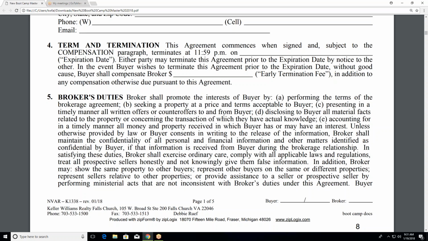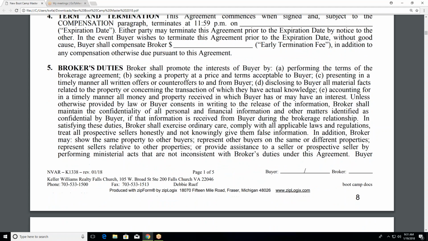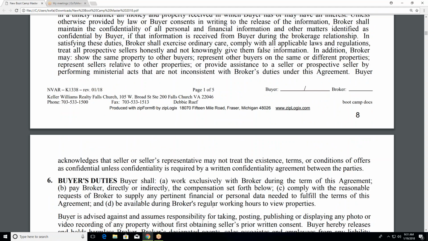In addition, broker may show the same property to other buyers, represent other buyers on the same or different properties, represent sellers relative to other properties, or provide assistance to a seller or prospective seller by performing ministerial acts that are not consistent with the buyer's duties under this agreement. Okay, let me scroll down here for those. All right. Acknowledges the seller or seller's representatives may not treat the existing terms or conditions of offers as confidential unless confidentiality is required by a written confidentiality agreement between the parties.